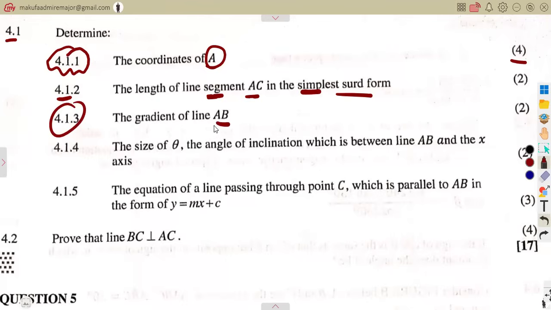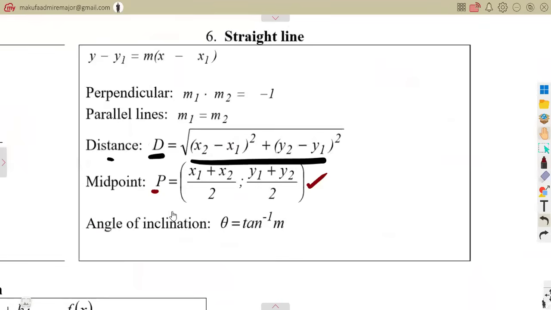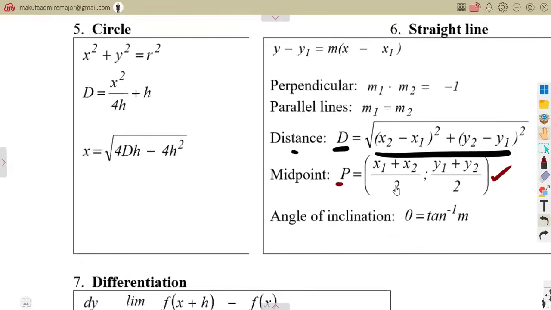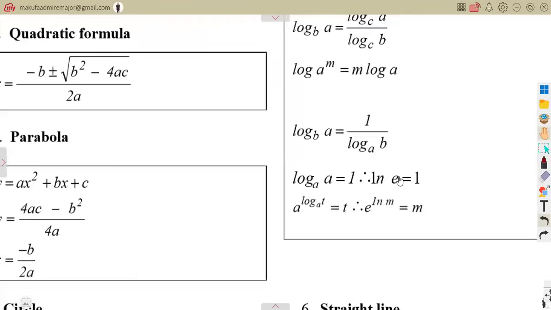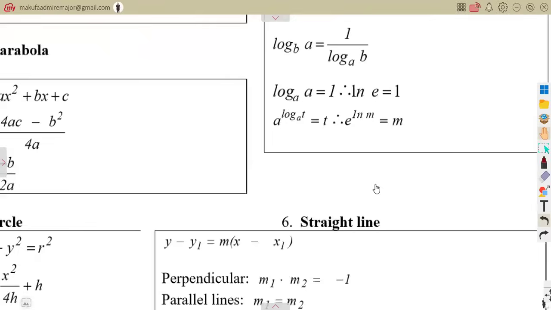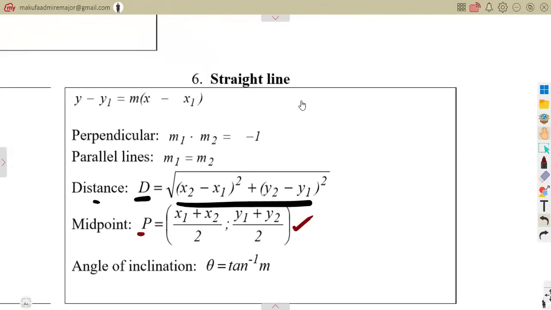4.13, the gradient of the line AB. Remember, the gradient is the change in Y over the change in X. Also, we are supposed to be given this from our formula sheet, but anyway, that is also a part that you need.